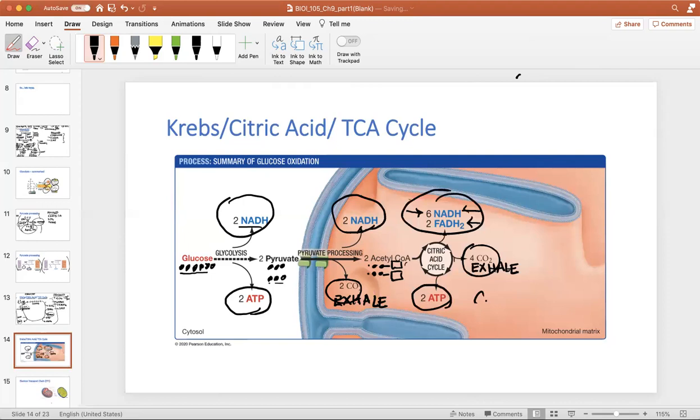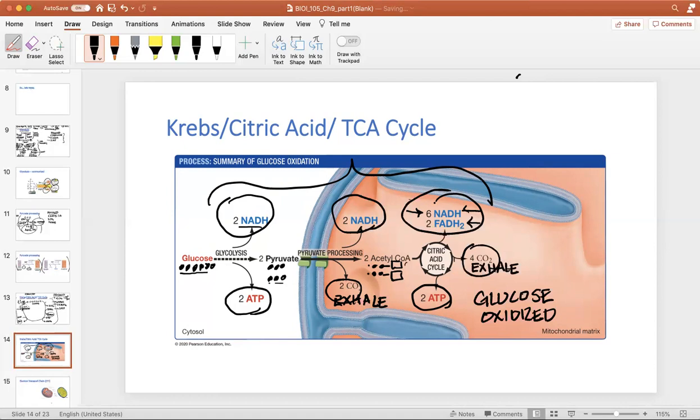So glucose, at this point, glucose is completely oxidized. It's all gone. So from this point on, the story is going to be all about these high energy electron carriers. These guys are what we're going to talk about next.